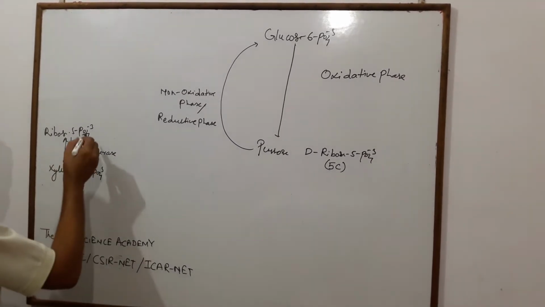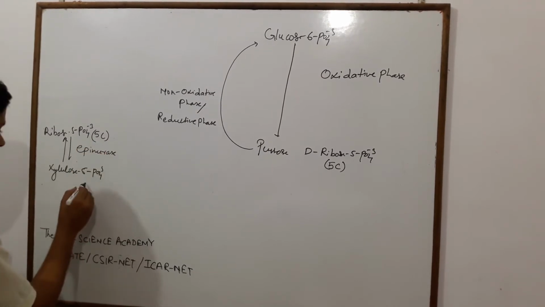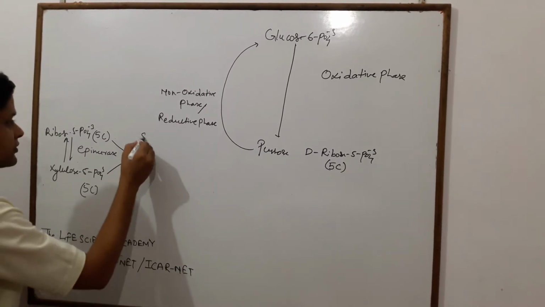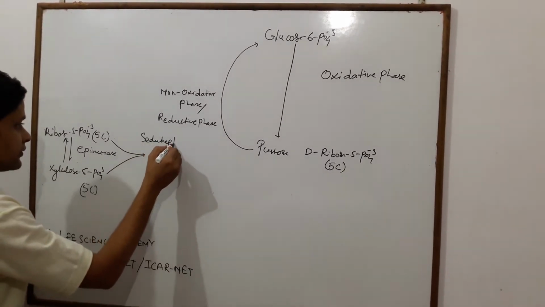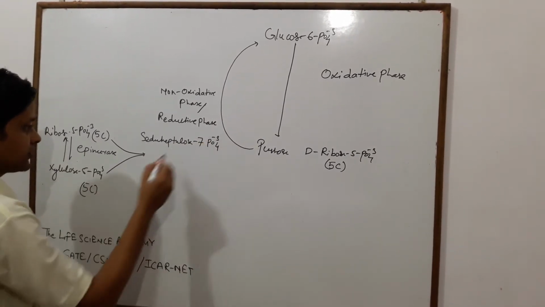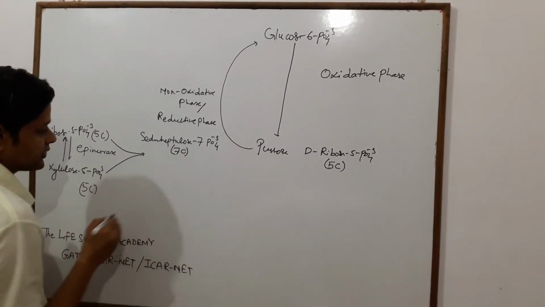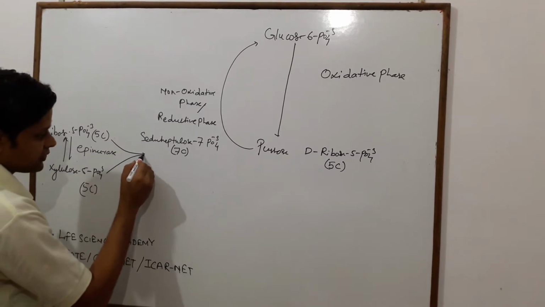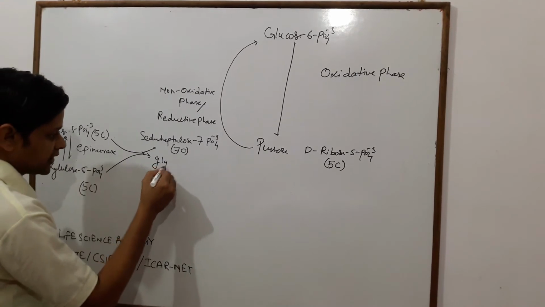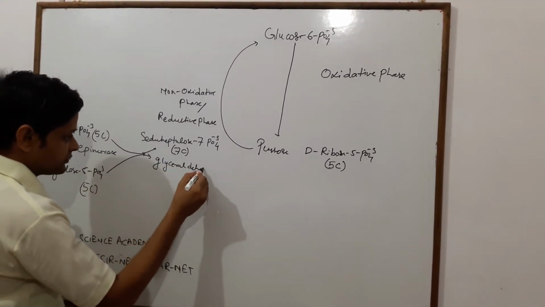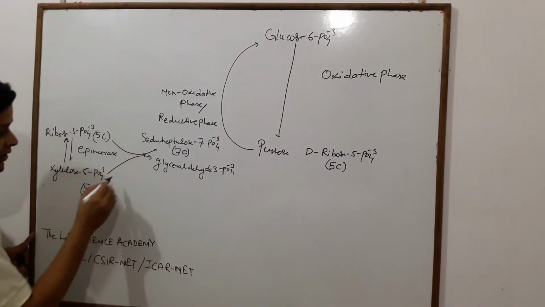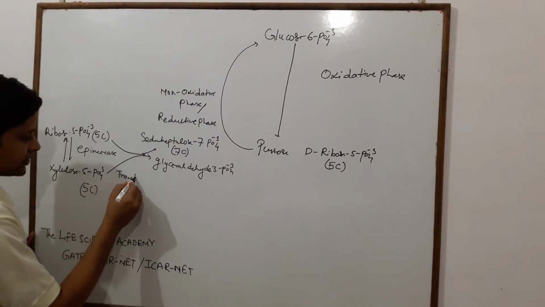When these two 5-carbon sugars combine, they form sedoheptulose, a 7-carbon sugar, and another one, glyceraldehyde 3-phosphate. This reaction occurs in the presence of transketolase.